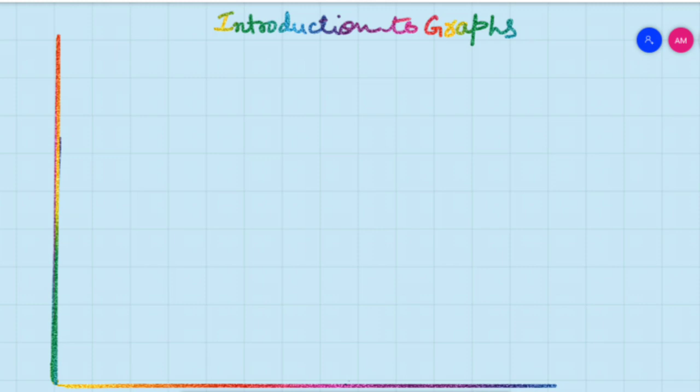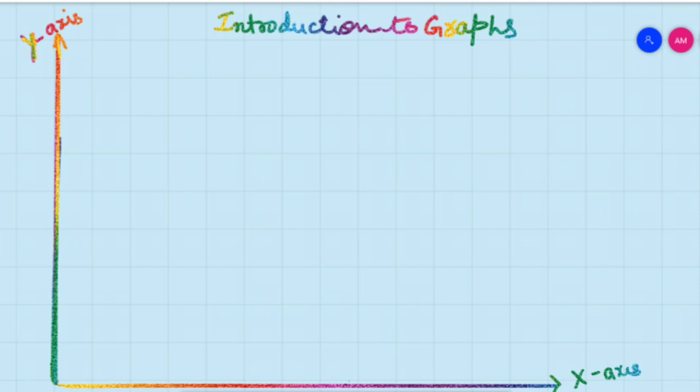Now, this line is known as the y-axis. How will you remember that this is the y-axis? Children, you can do this. See, y has one straight line and this straight line makes y. Okay, so this is the y-axis. Now, this one is the x-axis.